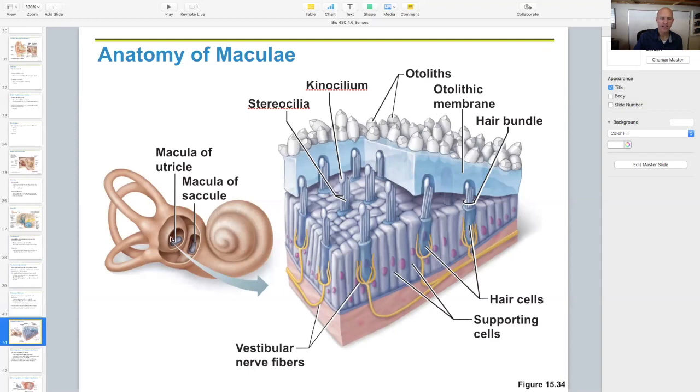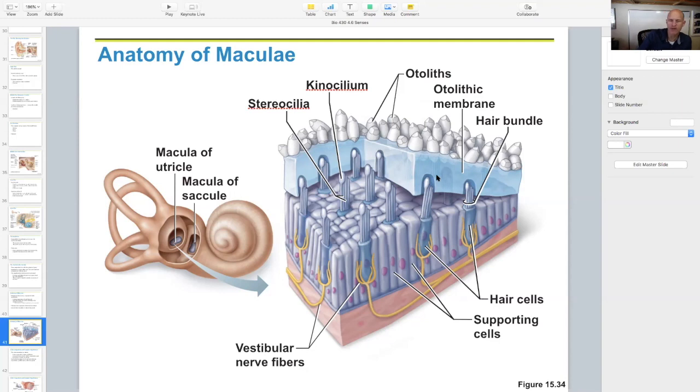They sit at the bases of the utricle and saccule here. And we have a bunch of supporting cells. And then here are those hair cells. The hair cells have hairs that come out of them. Those hairs are called stereocilia. And they get embedded in this membrane here, which would be covering all of it. We just cut a little portion so you can see it. And it's really like jello. It moves and jiggles around. It's not completely solid.